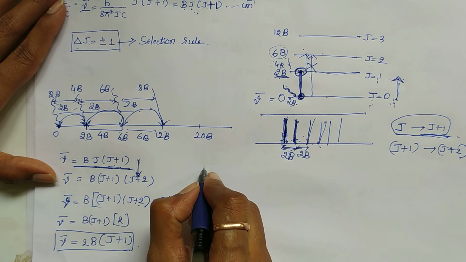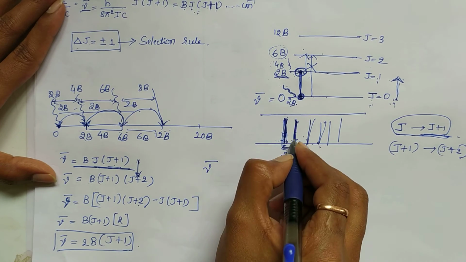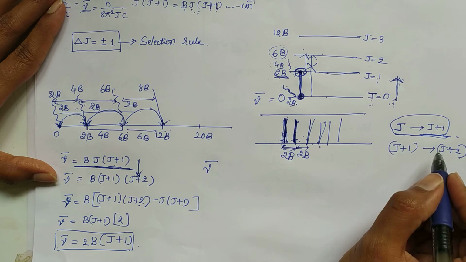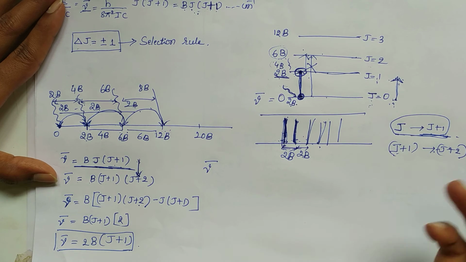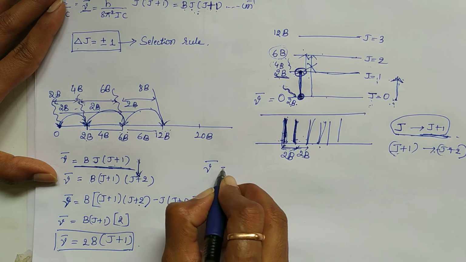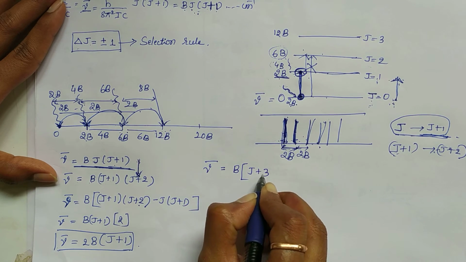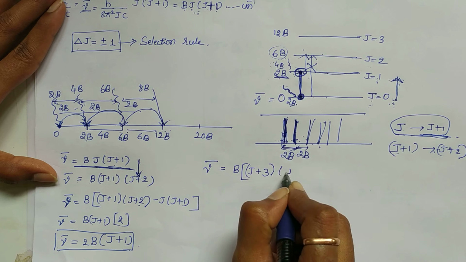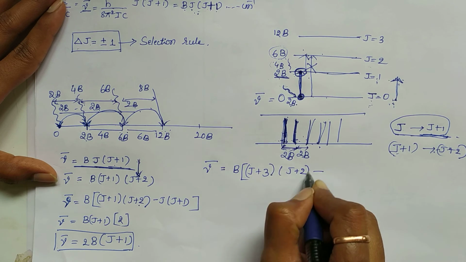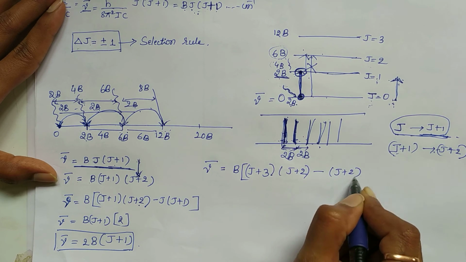For that next line, when the transition takes place from J plus 1 to J plus 2, nu bar is equal to B constant from both the terms. What will be there? J plus 3, J plus 2 minus J plus 2, J plus 1.